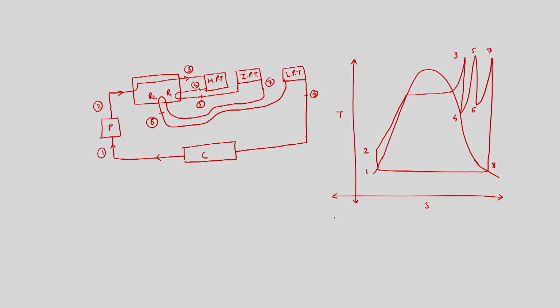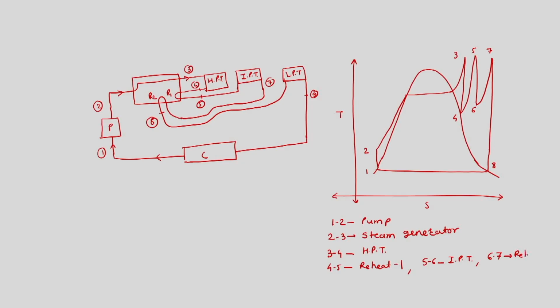So, here we will have 1 to 2 as pump, 2 to 3 as steam generator, and then 3 to 4 as high pressure turbine, then 4 to 5 as reheat 1, then 5 to 6 as intermediate pressure turbine, then 6 to 7 as reheat 2, and then 7 to 8 as low pressure turbine, and then 8 to 1 as condenser.